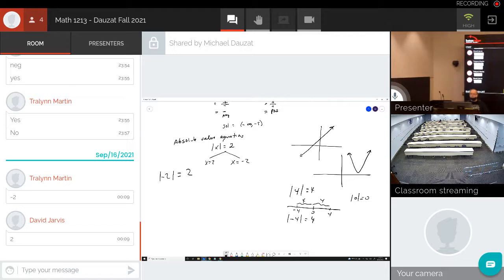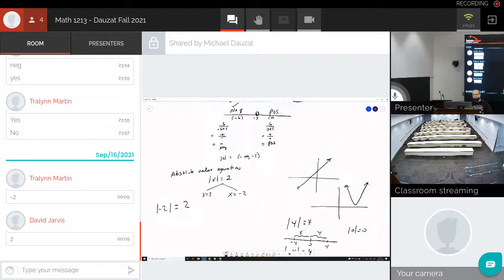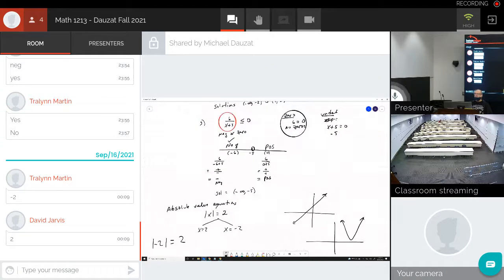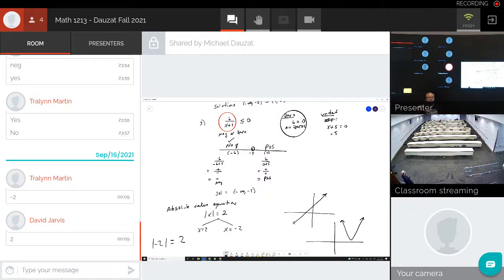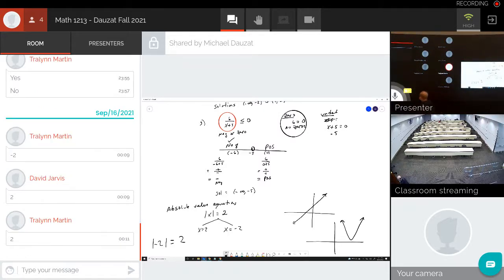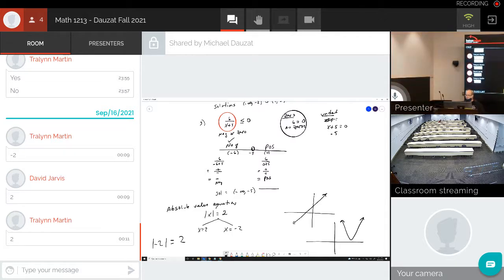In this absolute value equation, how many solutions are there? 2. In that inequality that we just did, number 3, how many solutions are there? Be careful.